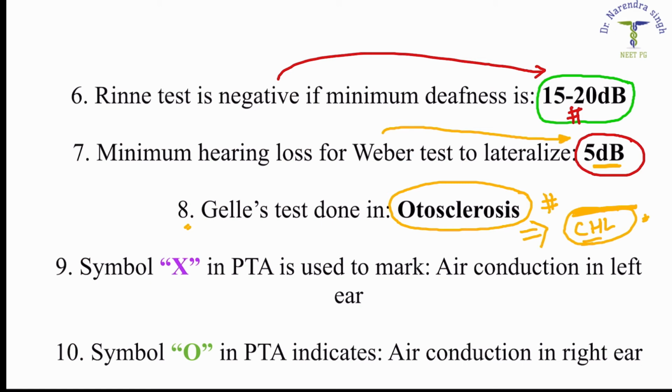Whereas if the ossicular chain is already compromised, as in otosclerosis, there is no change in hearing. Then it is known as a negative Gelle test.